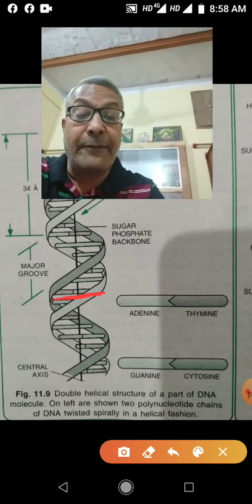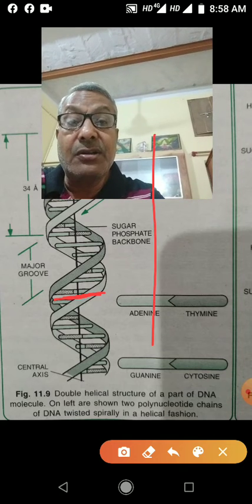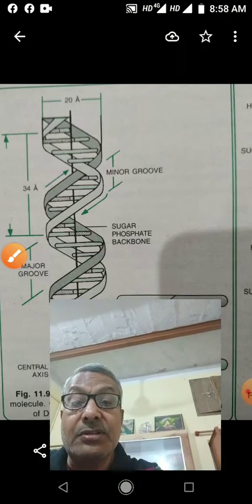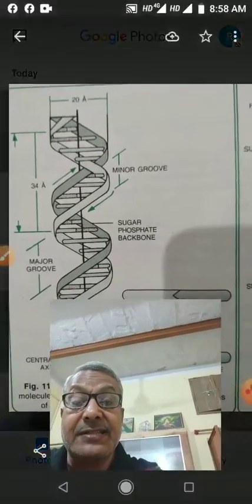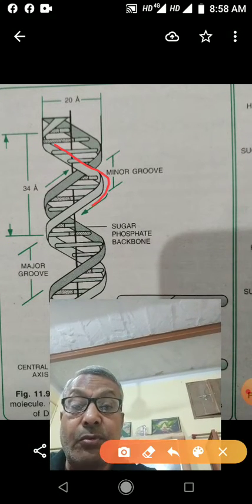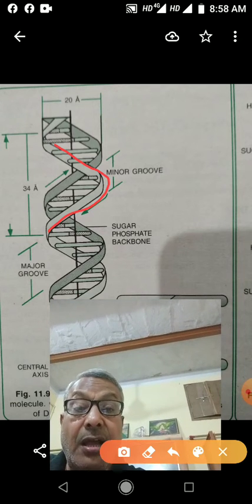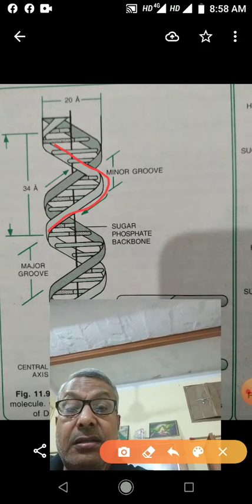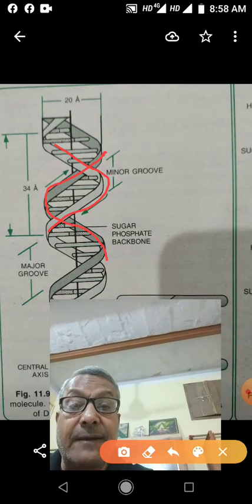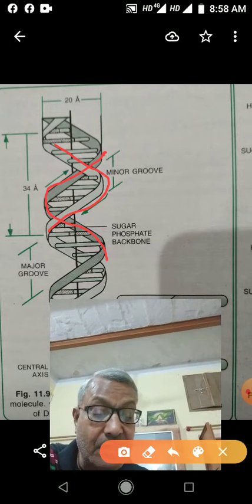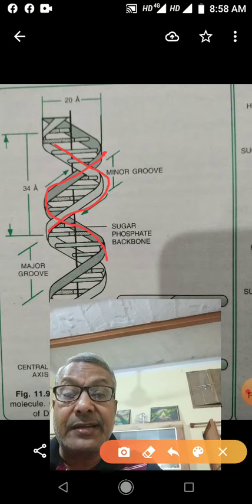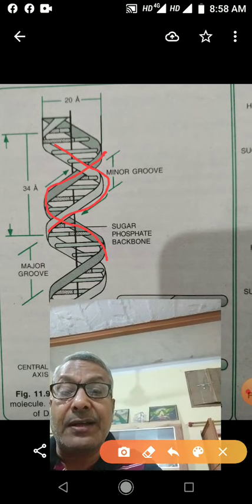One complete turn of the helix. So this is one complete turn of the helix, and you can say this is also one complete turn of the helix. One complete turn of the helix is about 34 angstrom, and it contains 10 nucleotides in one complete turn.